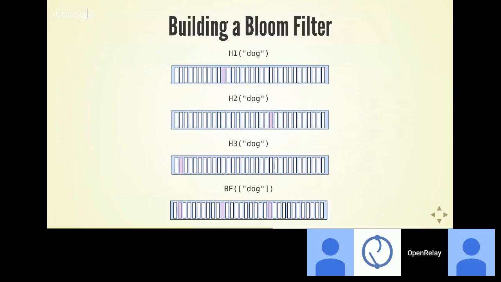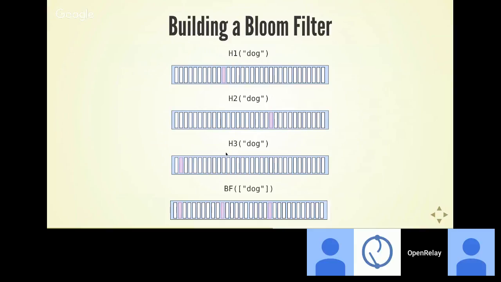So in this case, we hash the word dog, and that hash is going to map into a particular slot in our bit array. So here we find that it sets this bit for hash 1, and then we apply a different hashing function to the same string and find that it sets a different bit.